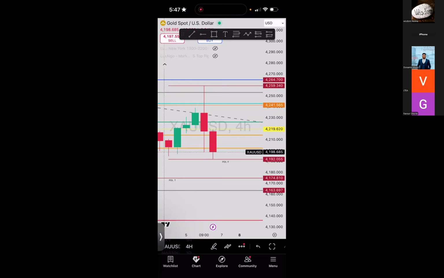So basically, the price is already in discount, and you want to sell in discount. Is it advisable? I'm not advising that. Have you not seen this? Why do you think we have that winning streak and losing streak?